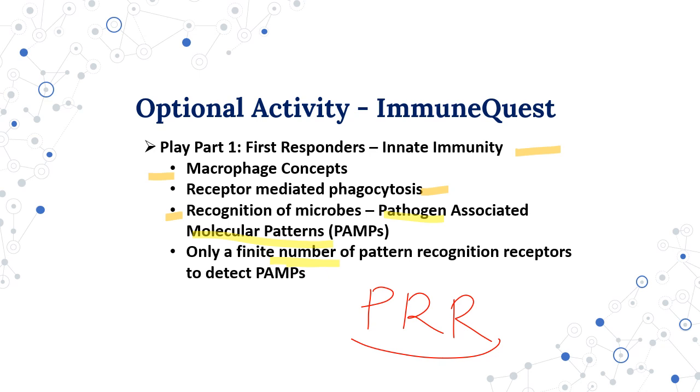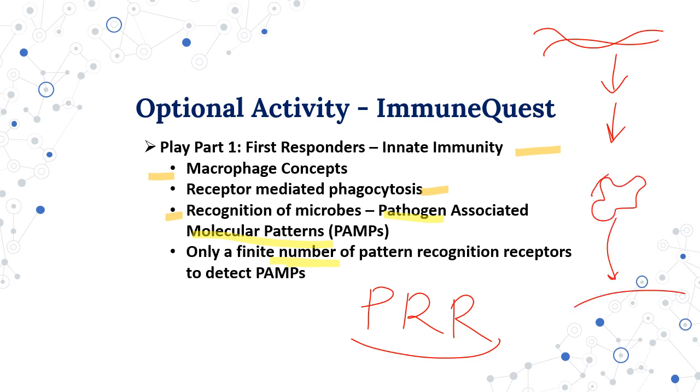So here you're going to have DNA, you're going to have transcription, you're going to have translation, you're going to end up with a protein that is going to go to the surface of your cell. This is a cell. And this protein on the surface of the cell is going to be your pattern recognition receptor. Now you can imagine there are only so many genes that you can have for those patterns. So there are not a lot of receptors available out there for these innate immune cells. Okay? There are a few hundred of them, and that's it.